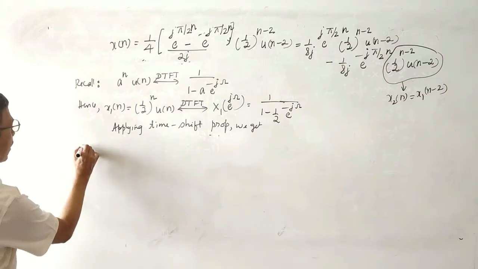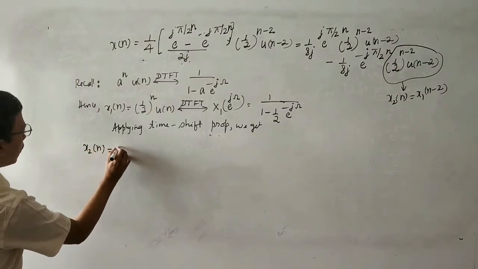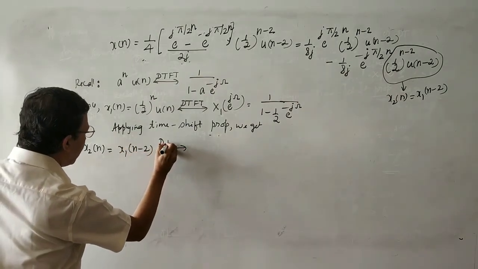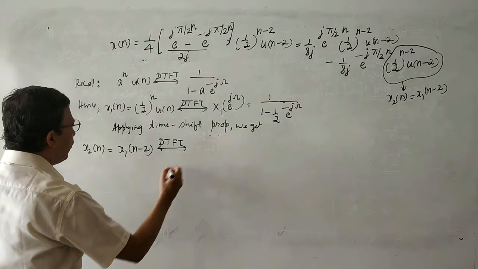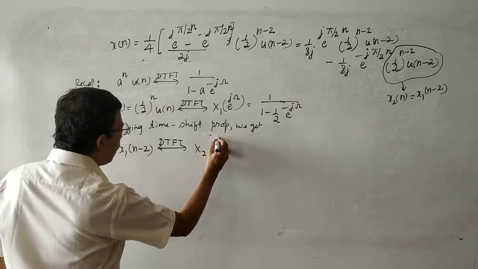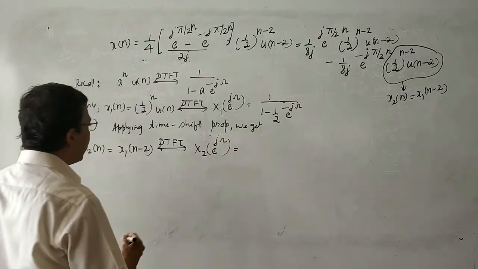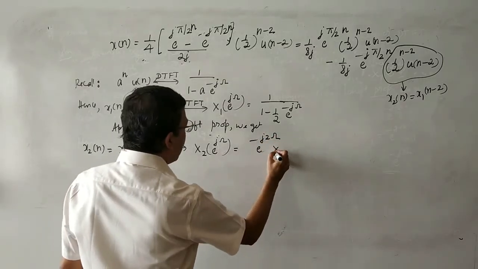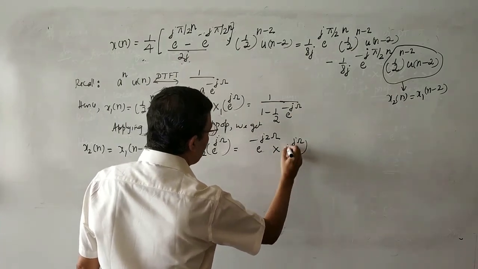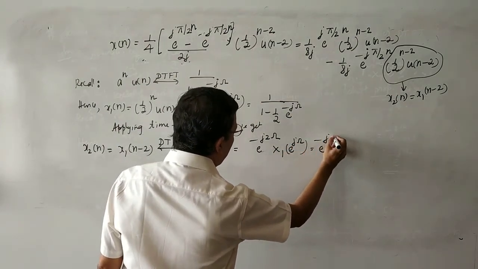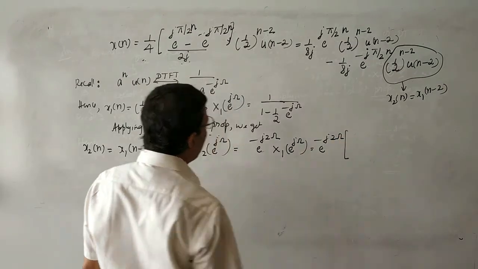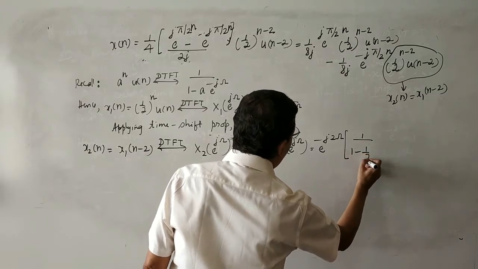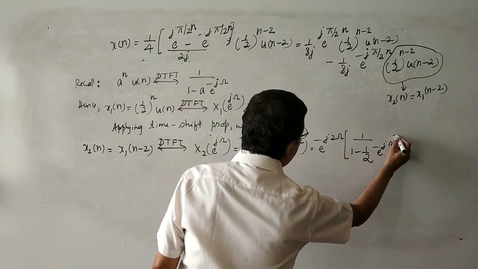We get x2 of n equal to x1 of n minus 2 will have a discrete time Fourier transform x2 of e power j omega equals e to the power minus j2 omega into x1 of e power j omega equals e to the power minus j2 omega into 1 over 1 minus half e to the power minus j omega.